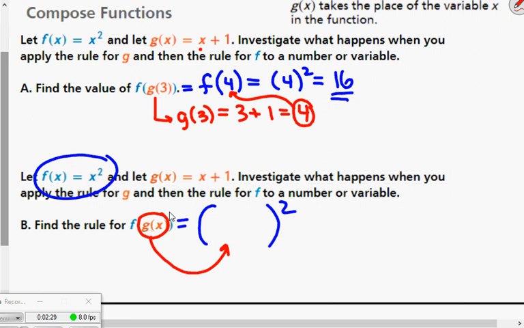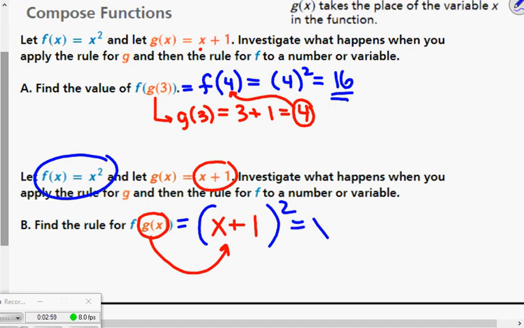So instead of doing x squared, or if I told you to find f of 9, you would do 9 squared, right? If I said, hey, find f of 10, you'd do 10 squared. Well, what I'm doing here is I'm telling you to put x plus 1 in to be the input. Not 9, not 10, but the other equation, x plus 1. That's your new input.